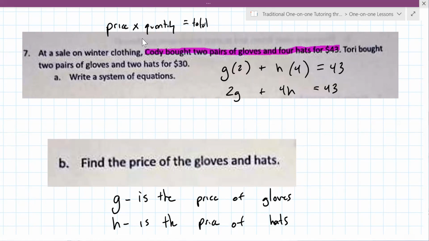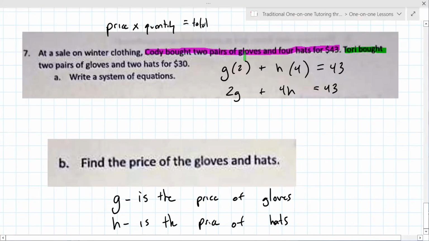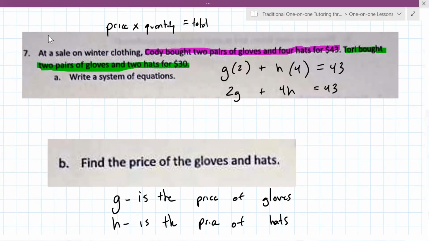What I'd like you to do now for line 2 is describe Tori's situation. Give me the equation for Tori, please. Okay.